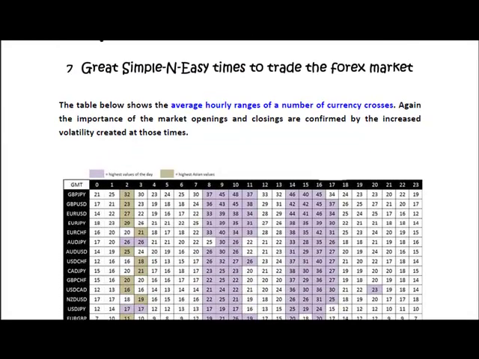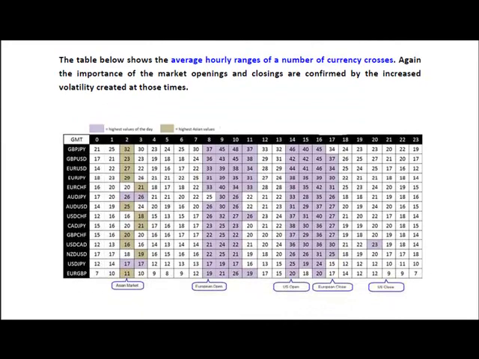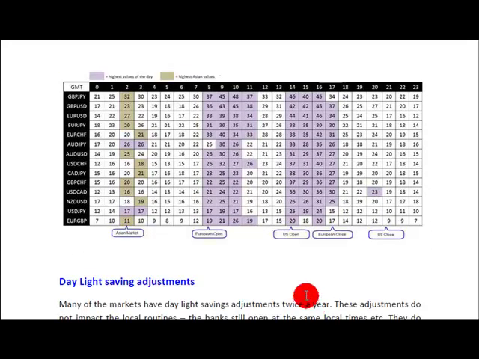To show you a different perspective of the rhythm of the market, I have a schedule here of about 15 or 16 currencies showing the actual range that each of those currencies trades through in a particular hour. The times are in Greenwich Mean Time. For instance, the pound yen has traded 25 pips in the first hour Greenwich Mean Time, and it follows the progress of the range from there.